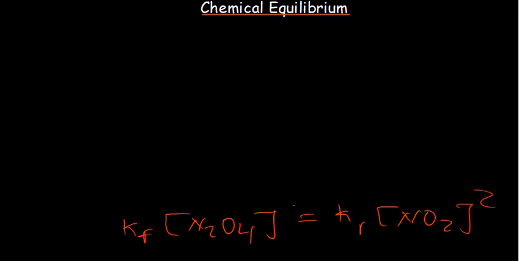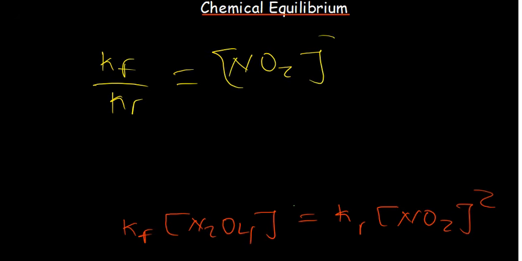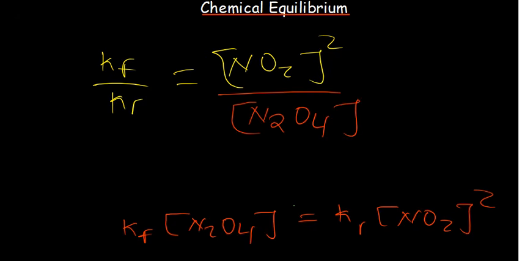We can put the constants on the same side, so I divide both sides by Kr, so that we have that on one side. And on the other side, where we have NO2, I can also divide by N2O4. So this is one way we can express this. Now, looking at the ratio that we have, we can call that our K, or equilibrium expression constant.